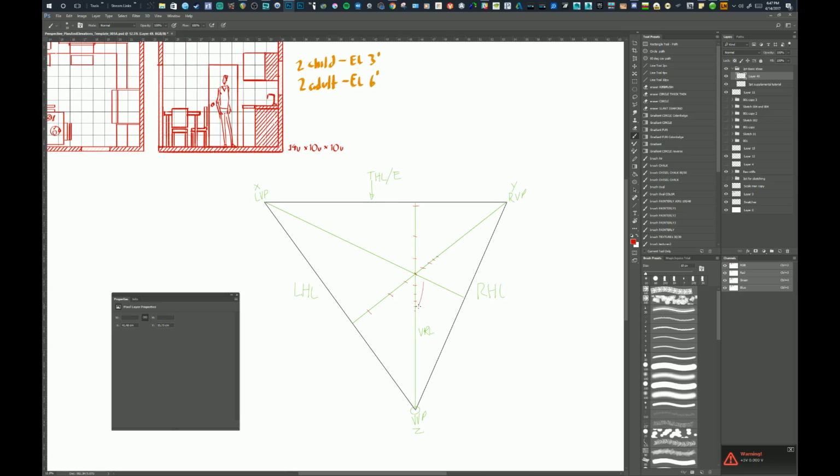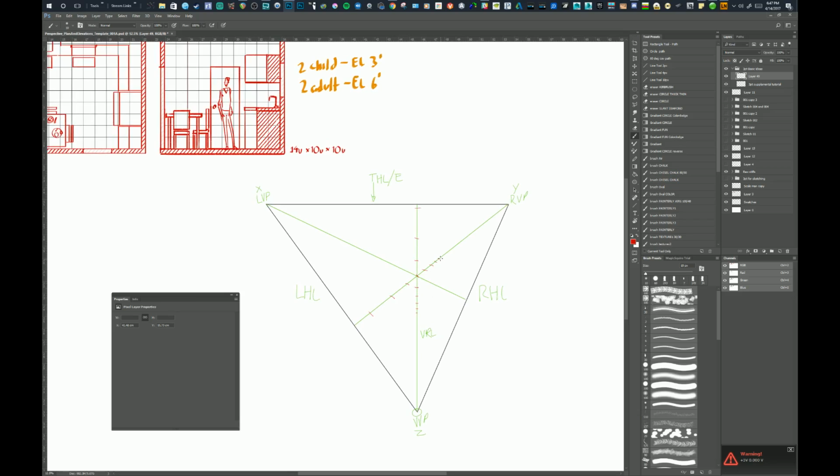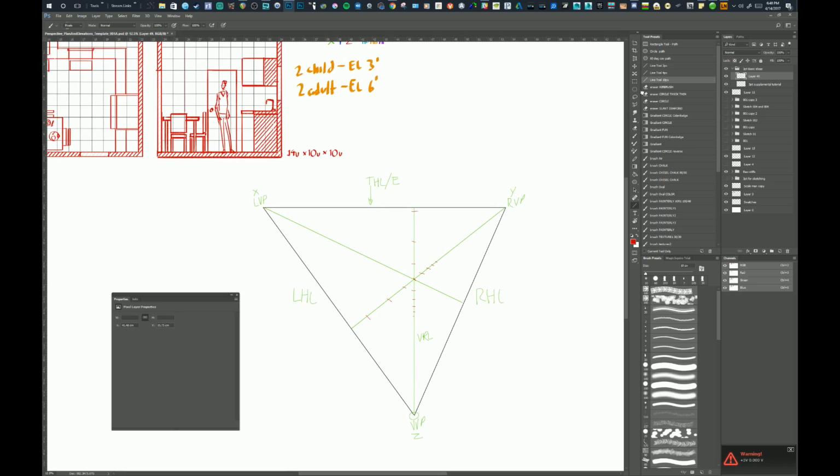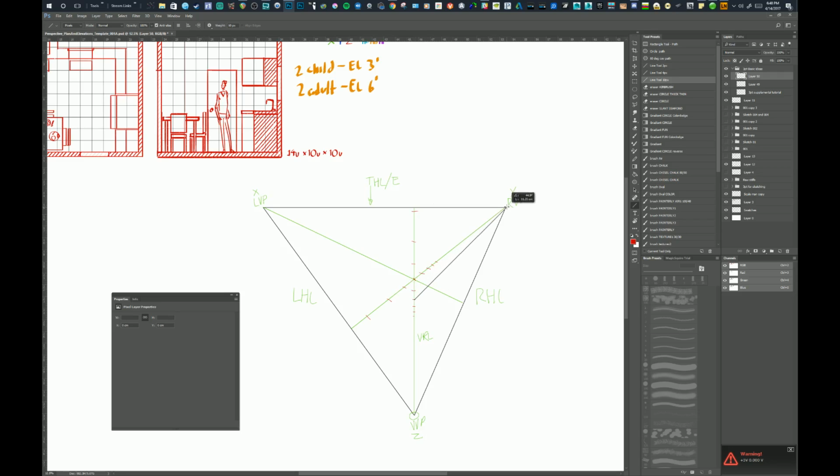So now we have these ones going back in space, these ones going forward in space. So let's say I want to move this one down by 2 units. In order for me to do this, I need to find 2 units down on Z from this line. So we'll go 2 units down, and then I'll draw a line back to Y because I want to take something from the Y reference line and I want to bring it down. Well, I can't bring it down perfectly vertical. I have to actually take this unit and project it down to the vertical vanishing point.